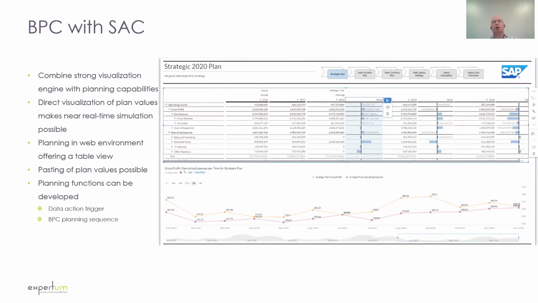You can still copy and paste values from other sources or from Excel into your SAC planning, and you can do some planning functions either via data action triggers or BPC planning sequences, depending on how you use BPC with SAC. So for the live connection, you can do planning sequences, and for the import-export connection, you have to revert to data action triggers.